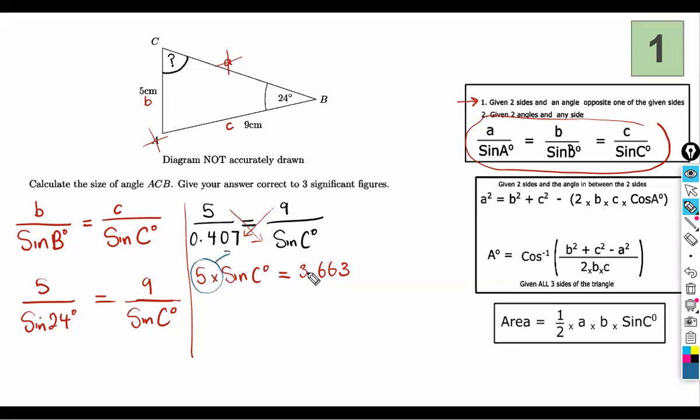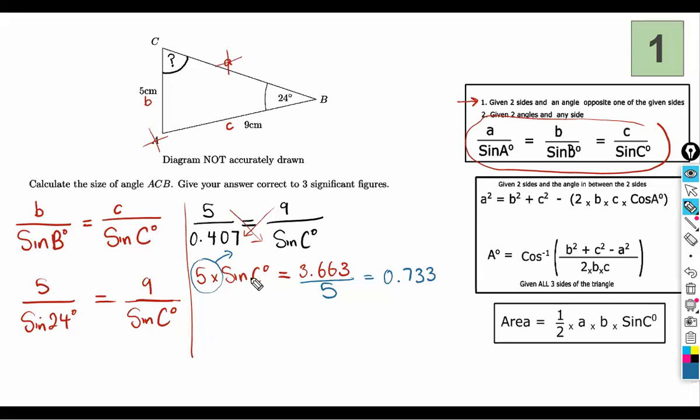Throw across the 5, you get a divide. I just put in the answer here because I ran out of space there. So 3.663 divided by 5 to 3 decimal places is 0.733.